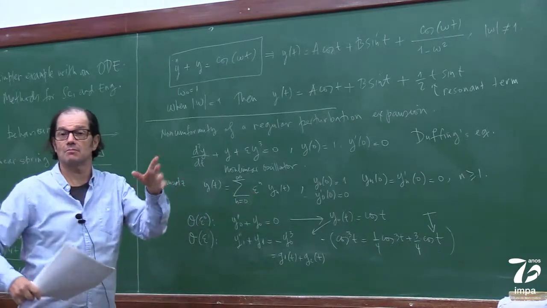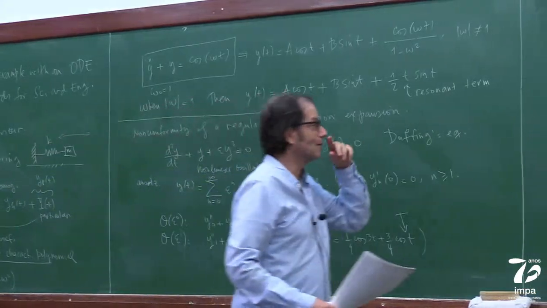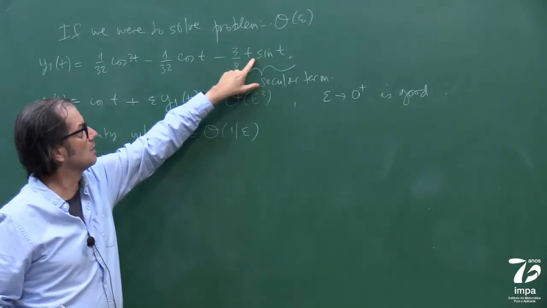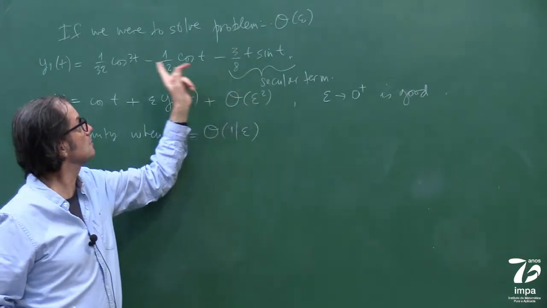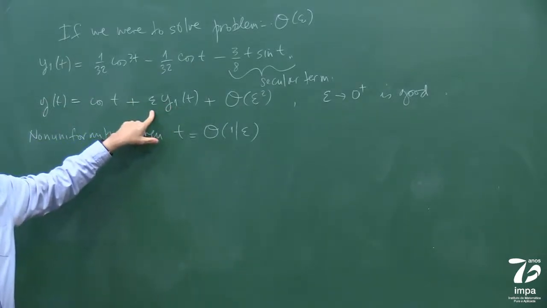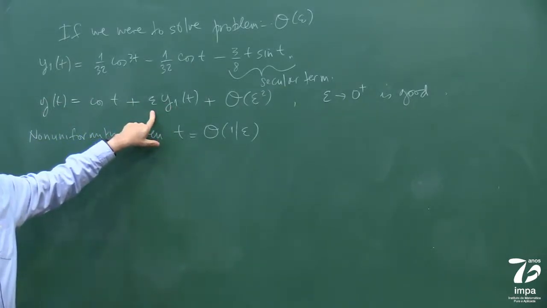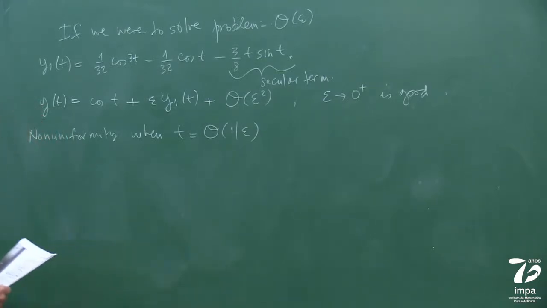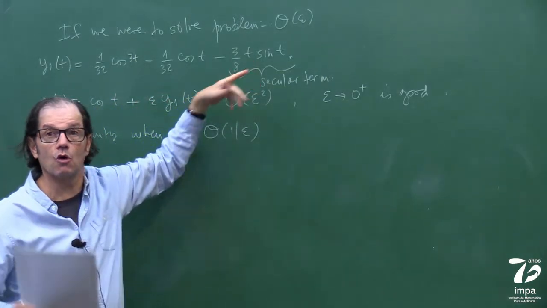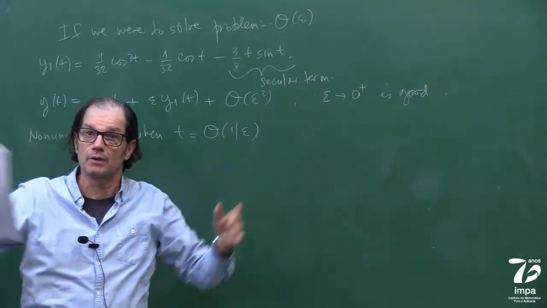Terms might mix orders, right? So this guy here will become order 1 when it should be an order epsilon correction. Okay? So that's not good. Plus, if you look at this guy by itself, you will see it will grow in an unbounded way.